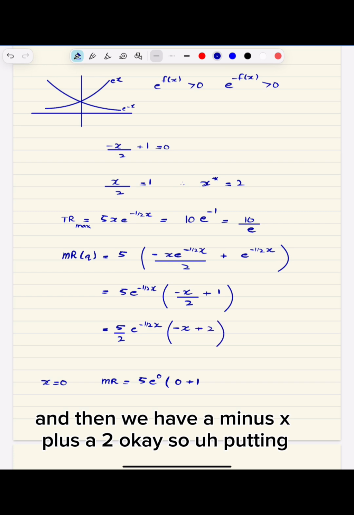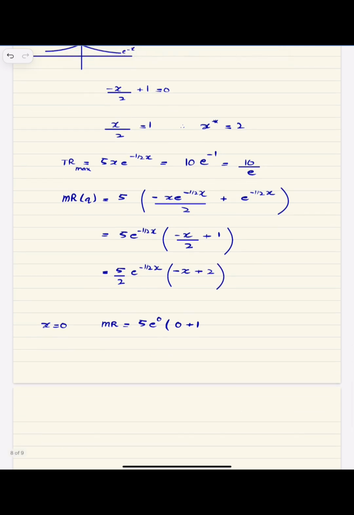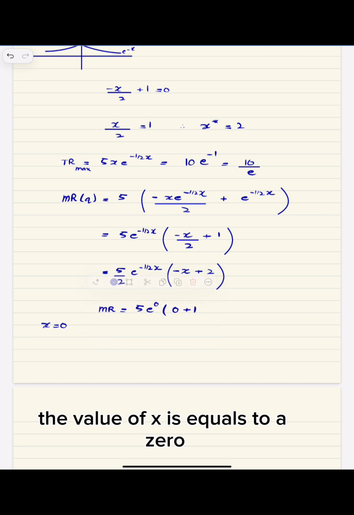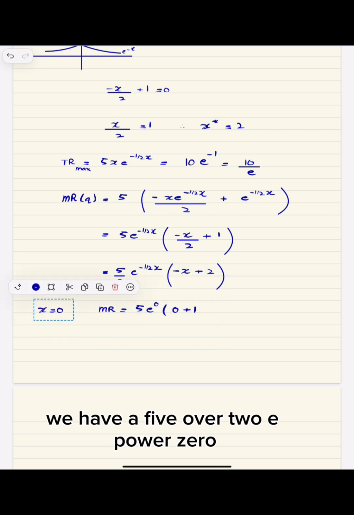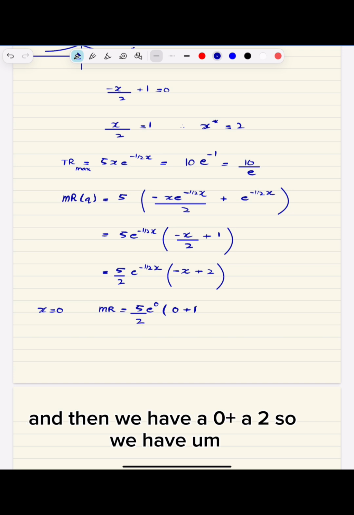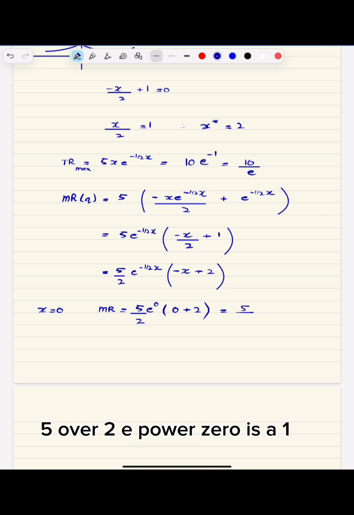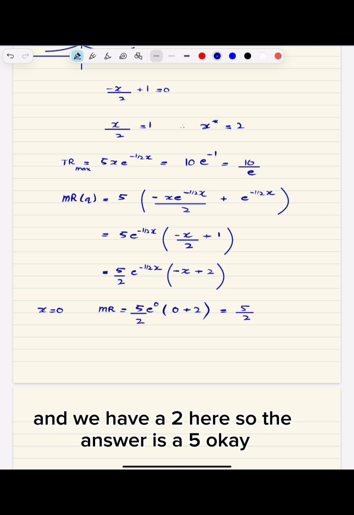Okay, so putting the value of x equal to 0, we have 5 over 2 e to the power 0, and then we have 0 plus 2, so we have 5 over 2, e to the power 0 is 1, and we have a 2 here, so the answer is 5.